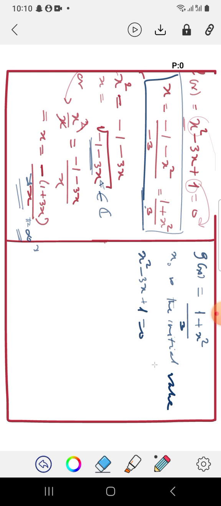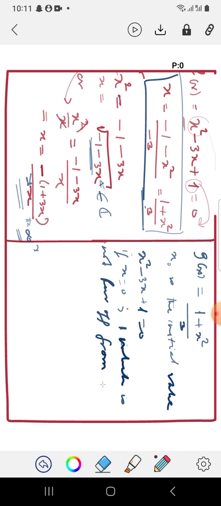All right. So I think if x equals 0, then we are going to have 1, which is not far from 0. All right. So let's pick our x naught to be 0.